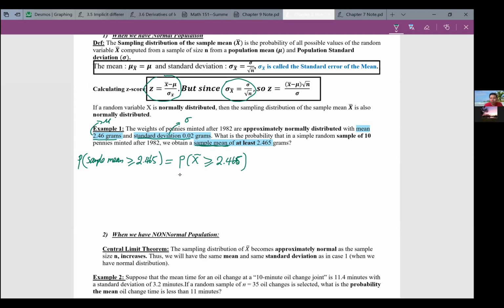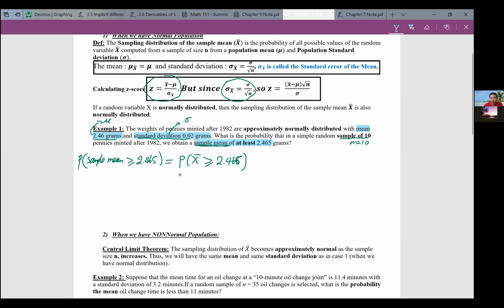All right, so we know a sample of size 10, so n is equal to 10. So you can see here, they give us a sample of size 10, they give us the original standard deviation, they give us the original mean, so it will be better if we use the second formula, right? So I'm going to use the second formula instead of the first one, but I'm going to show you both, right?